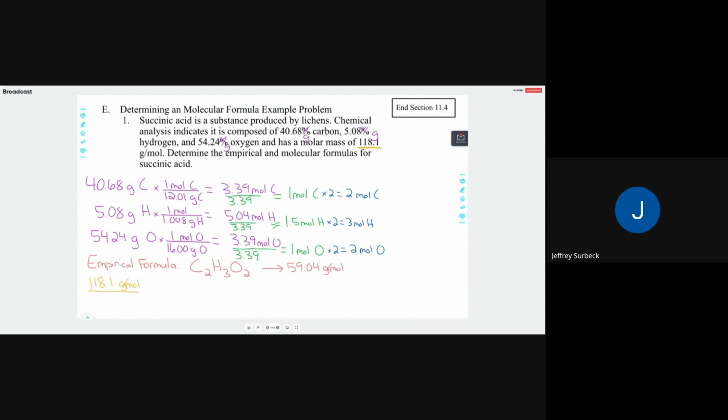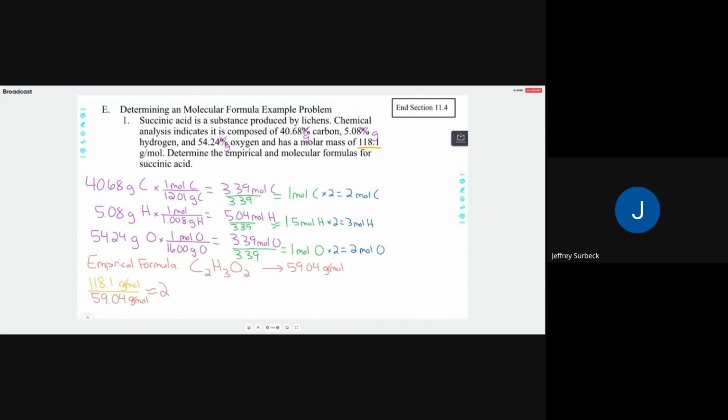You're going to get something around a whole number. Okay, so if we take 118.1 divided by 59.04 grams per mole, relatively, what's that whole number there? 2.